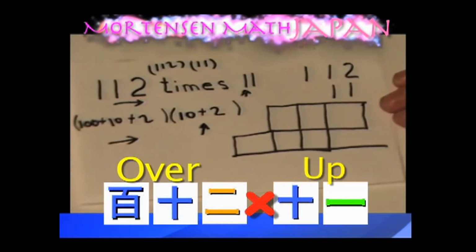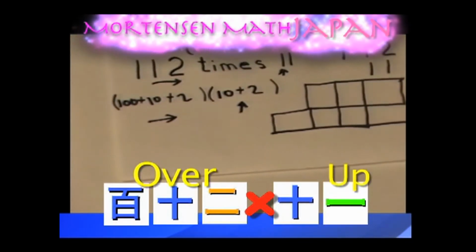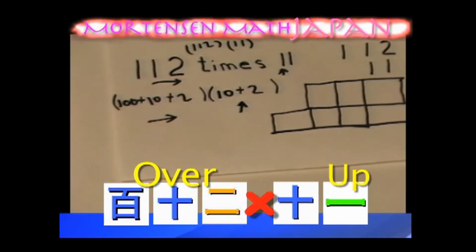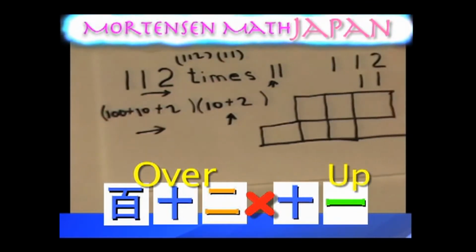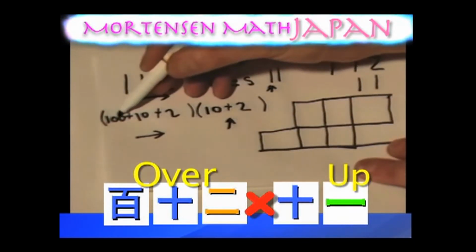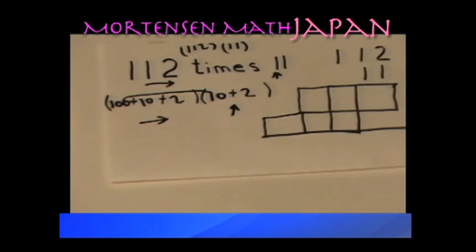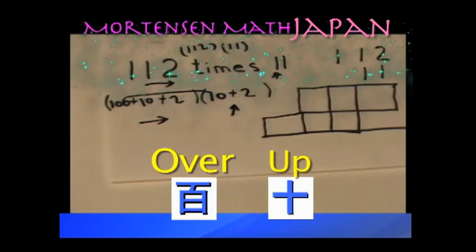Well, let's get the first piece. What would our first piece be if we went over 100 and up 10? Let's connect that. Over 100 and up 10. Okay, you should even be able to visualize that in your mind. You're coming way over 100 and up 10.